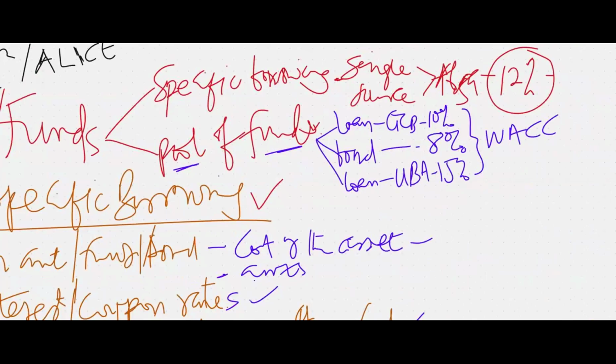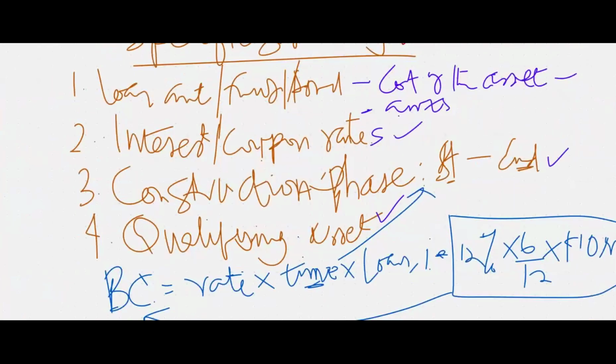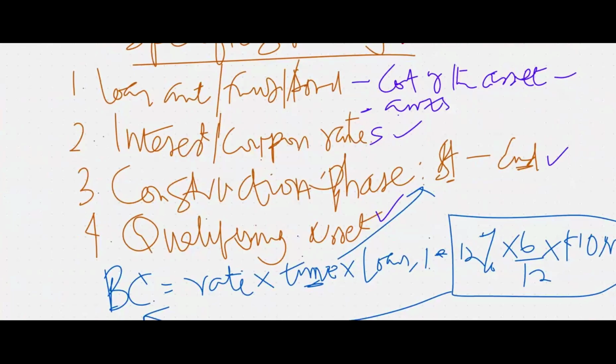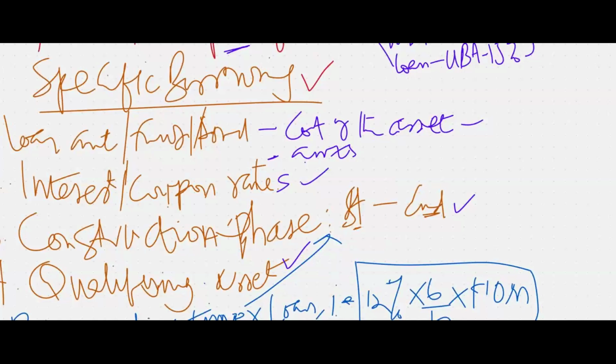If it's a specific borrowing, we need the borrowing listed, a loan amount or bond, the interest or coupon rates, construction phase, and qualifying asset. For the pool of funds, we need the cost of the asset, the amounts involved, whether borrowed from the bond or from the banks, the rates, a construction phase, and the asset must be a qualifying asset.